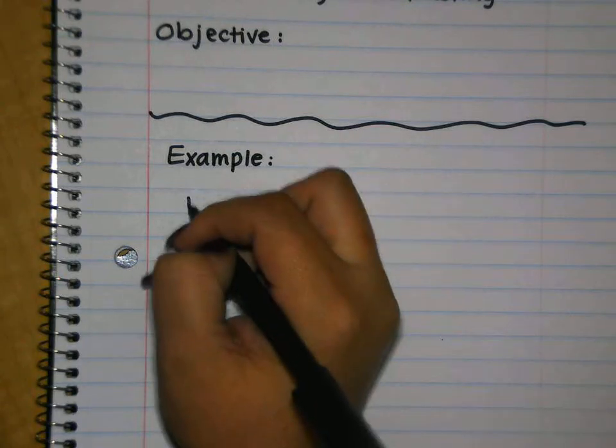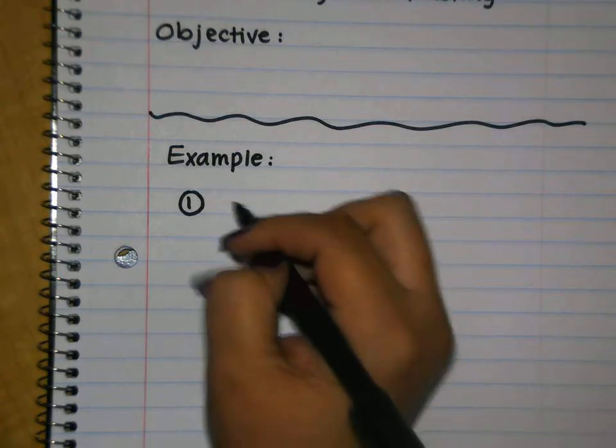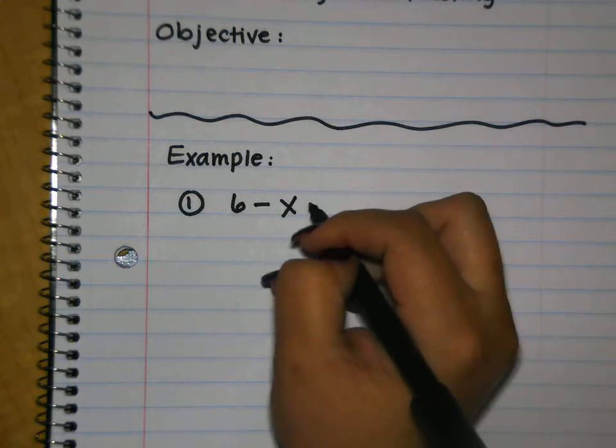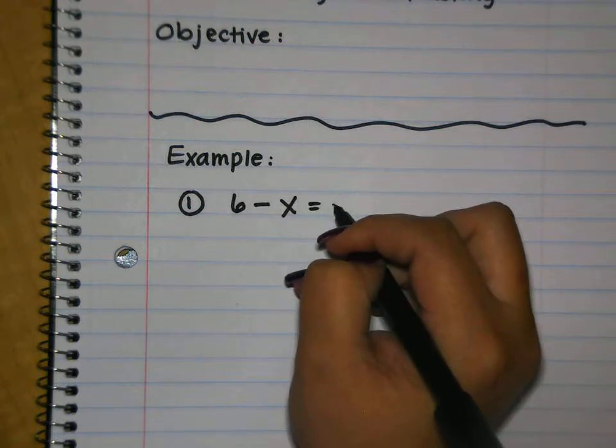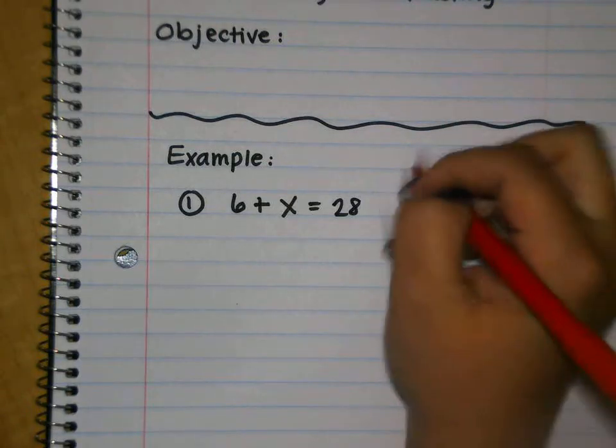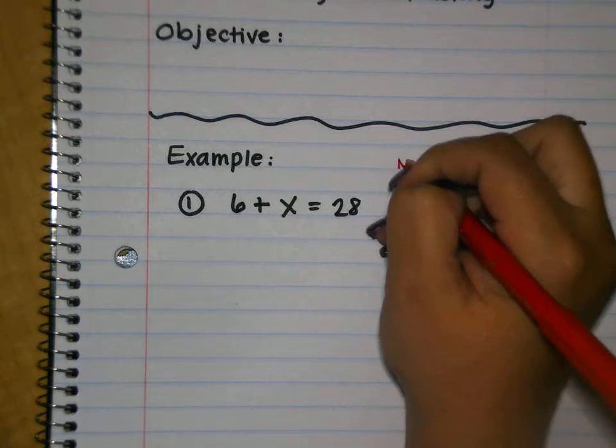Okay, so for our first example, we're going to look at 6 plus x equals 28. Okay, so we need to get x all by itself. So I'm going to make some notes about what I'm doing to the side, and you should too.